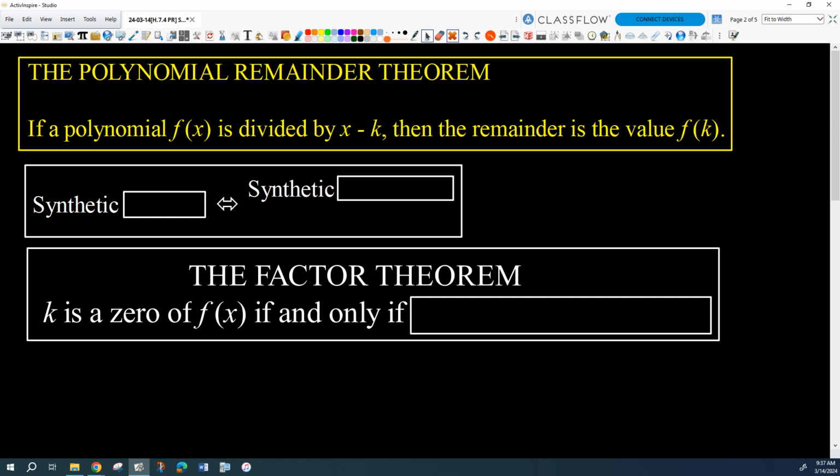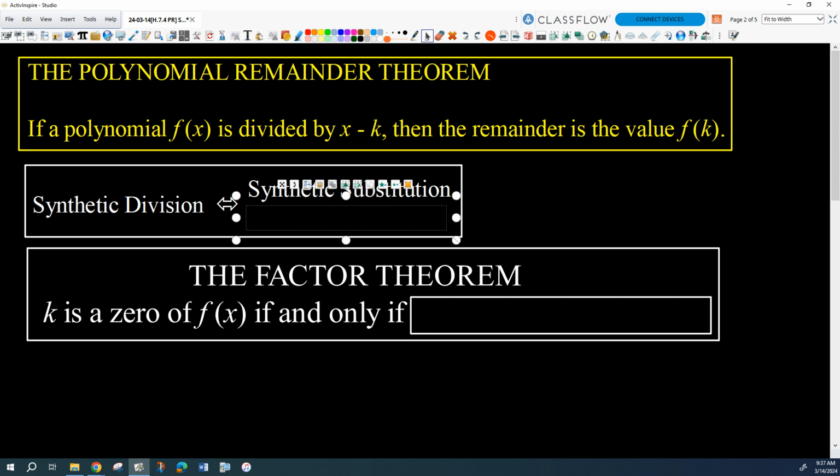Okay, these are the same thing, right? Synthetic division is equivalent to synthetic substitution or synthetic evaluation, just different purposes, but the same process. And then the factor theorem, see if you remember that one. K is a zero of f of x if and only if what?